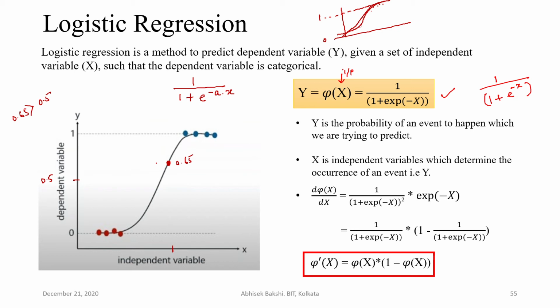Now, why sigmoid? Why not others? Because later you will realize that this sigmoid has a very interesting feature. If you do the differentiation of this sigmoid function, it will become something like this, and ultimately we will find that the differentiation of the sigmoid function is the sigmoid function itself times 1 minus sigmoid.